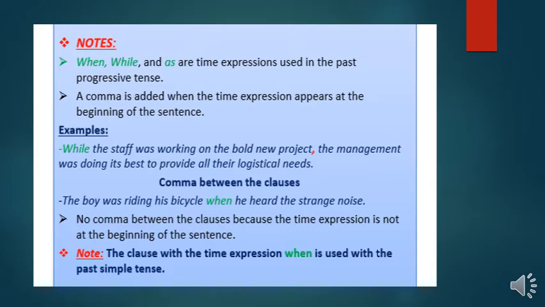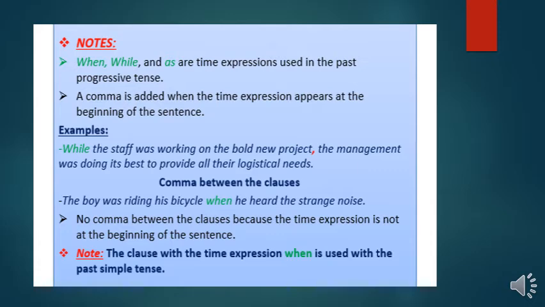Here are some very important notes regarding the past progressive. When, while, and as are time expressions used in the past progressive tense. A comma is added when the time expression appears at the beginning of the sentence.